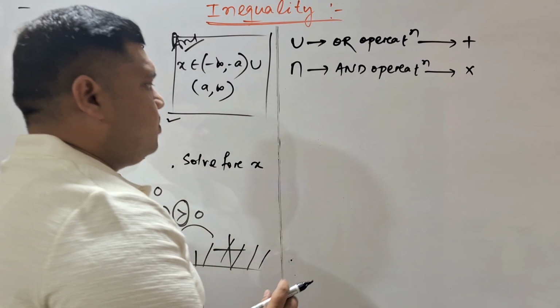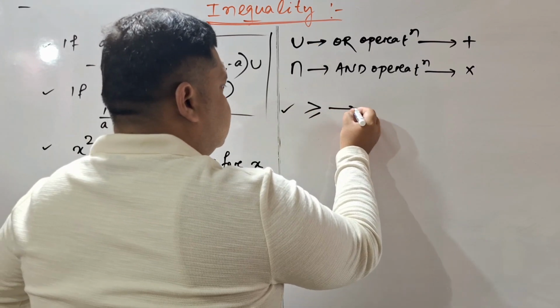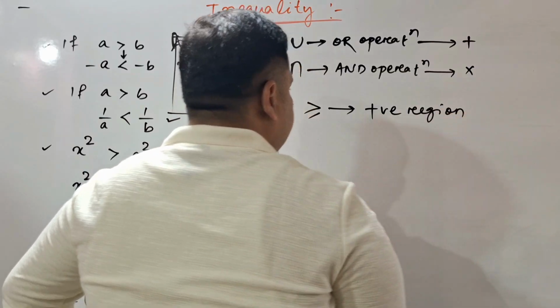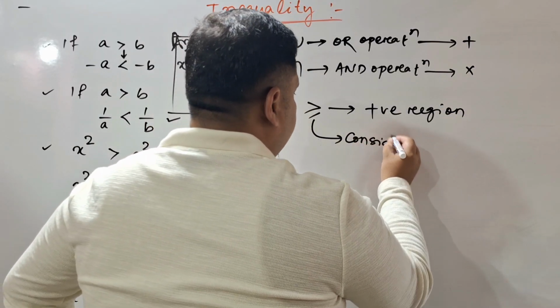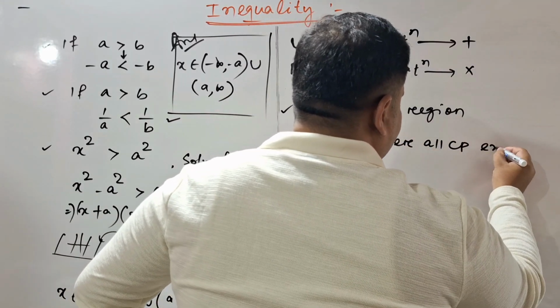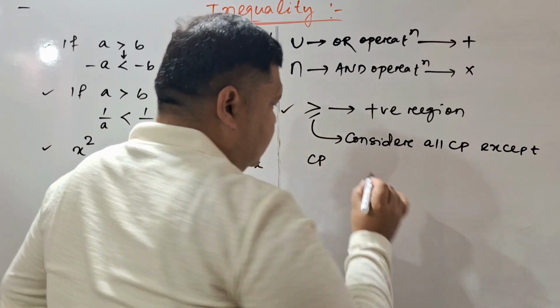Clear? Now important point. Greater than or equal to means which region you have to select? The positive region you have to select. And this equal to symbol, what does it indicate? Consider all critical points, except the critical point present at a denominator. CP, critical point.